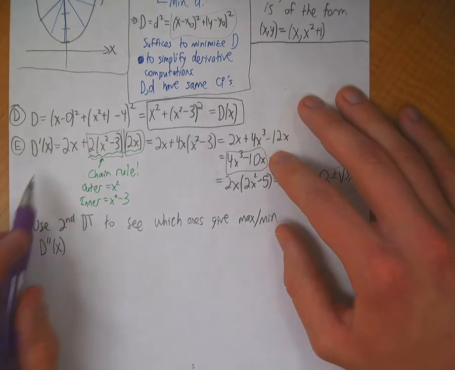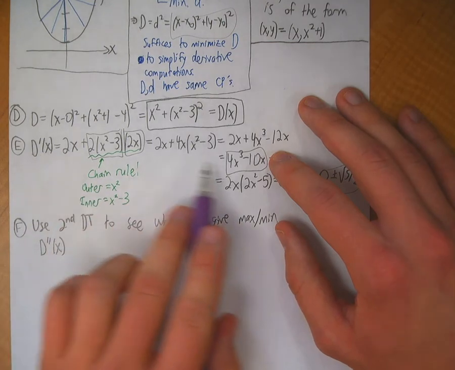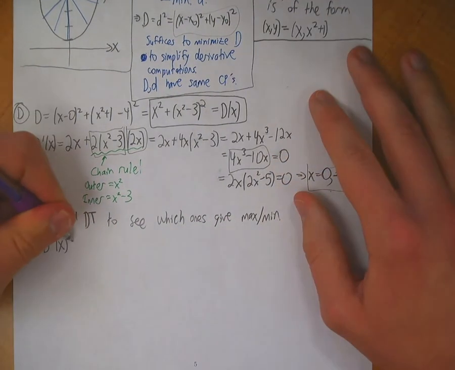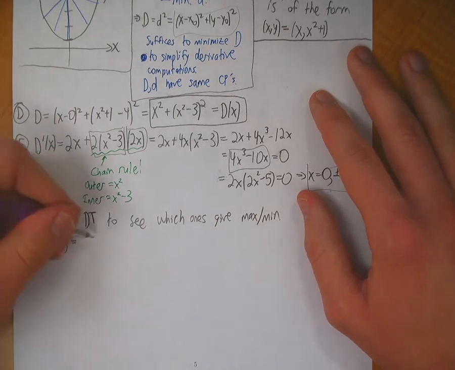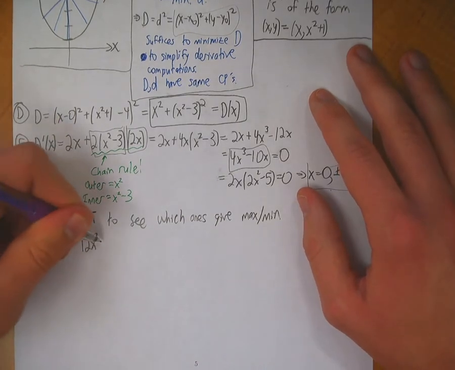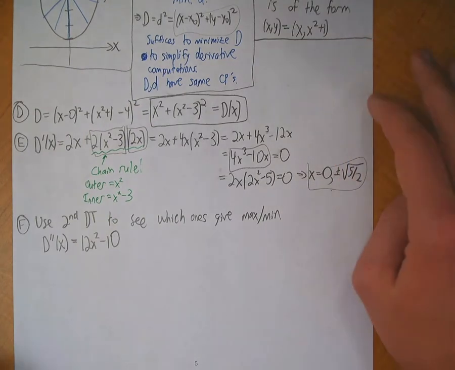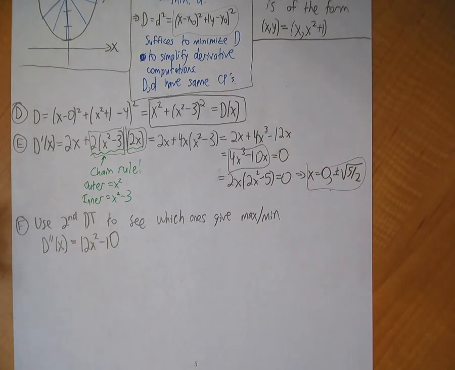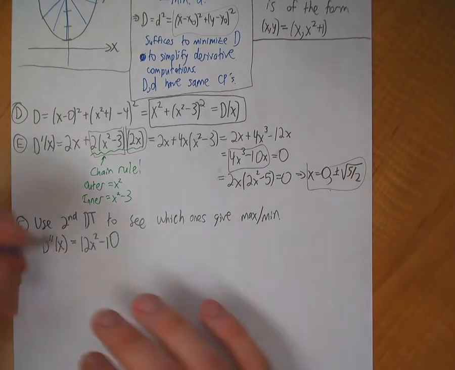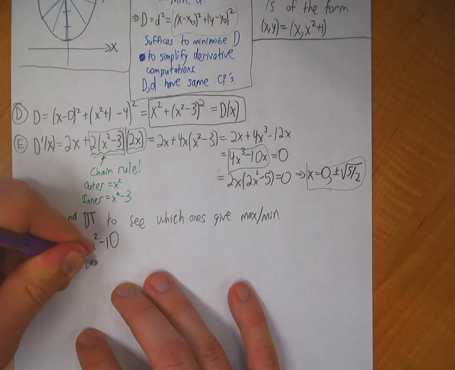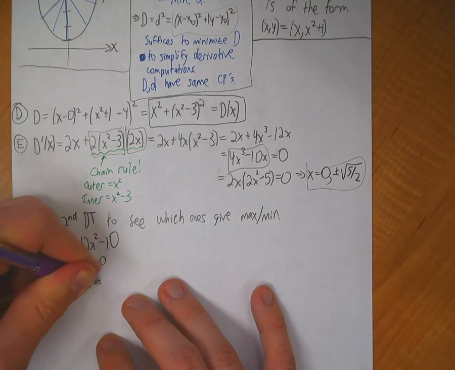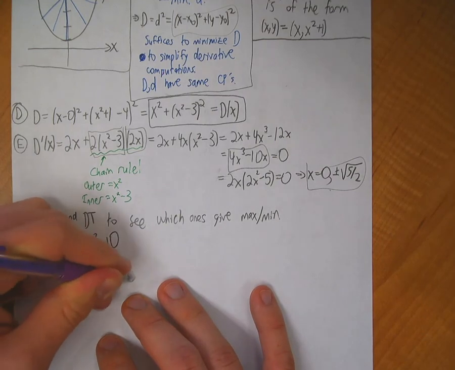The good news is that d prime of x can be expressed as 4x cubed minus 10x. So if we take the power rule of this, that's just 12x squared minus 10. Now if we let x equal 0, that's going to give us pretty clearly a negative second derivative. So the second derivative of d at 0 is going to be negative 10, which is clearly less than 0.